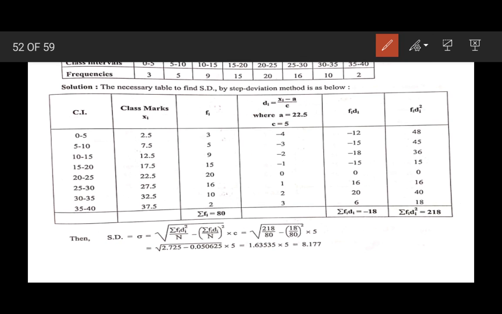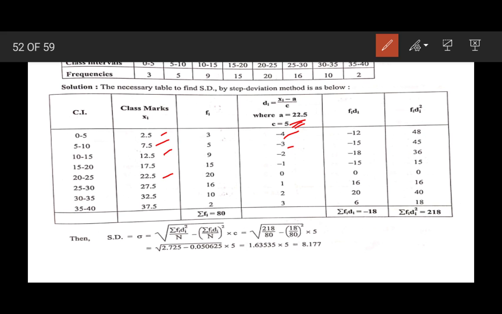Now do the calculation. So 2.5 minus 22.5 is equal to minus 20. Minus 20 divided by 5 is equal to minus 4. Then 7.5 minus 22.5 is equal to minus 15. Minus 15 divided by 5, so minus 3.